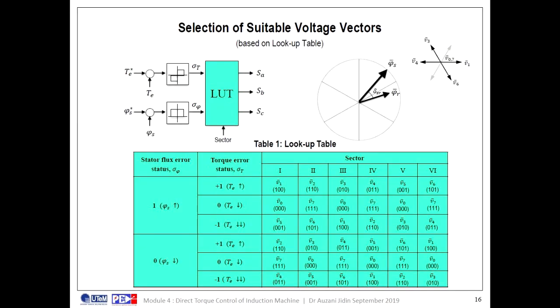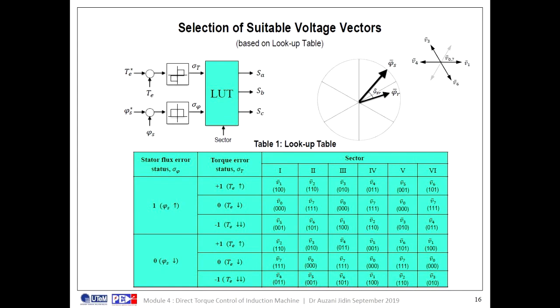Now we will discuss the selection of a suitable voltage vector in direct torque control of an induction motor. In practical situations, the selection of the suitable voltage vector is based on the stator flux error status and the torque error status in different sectors.